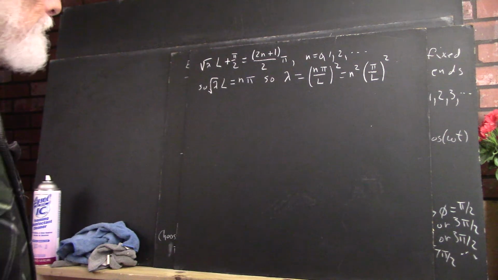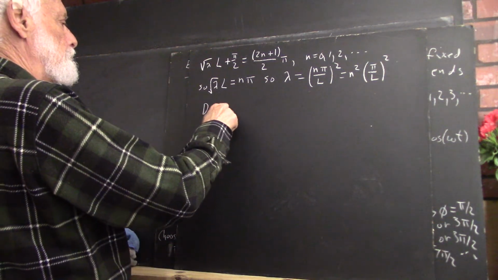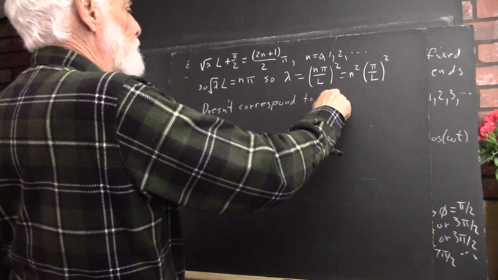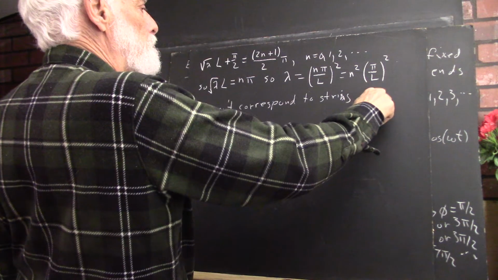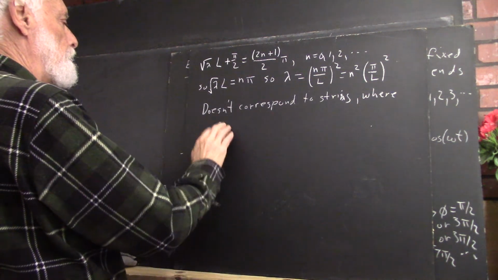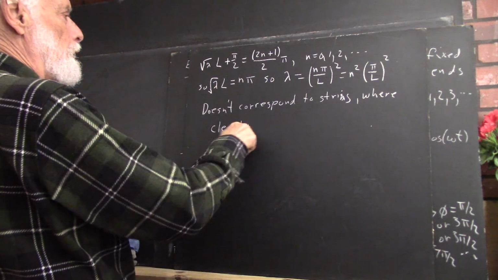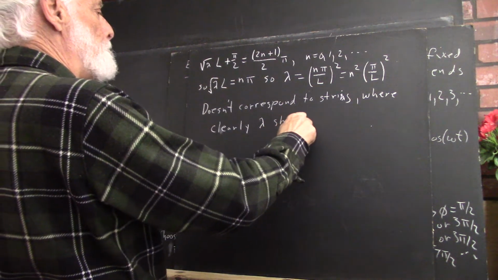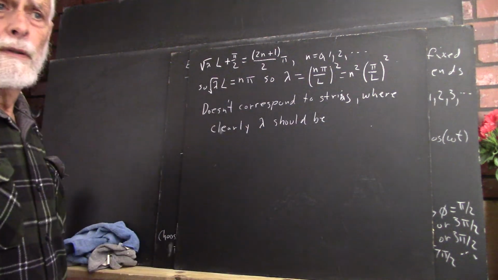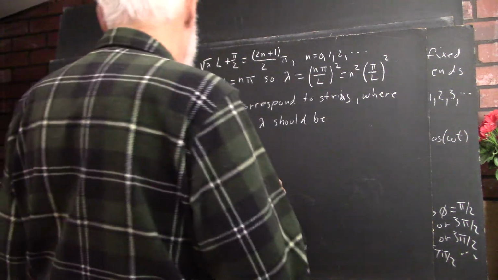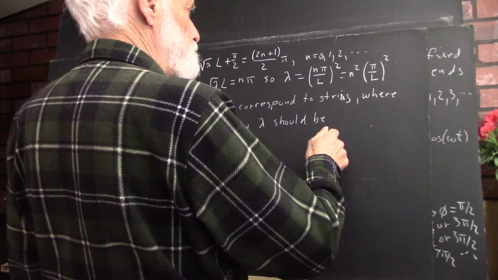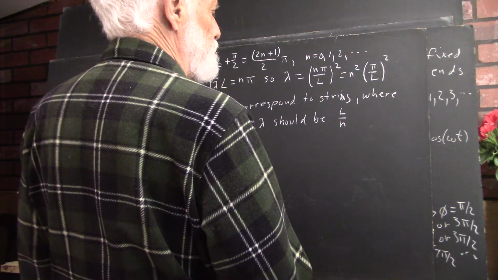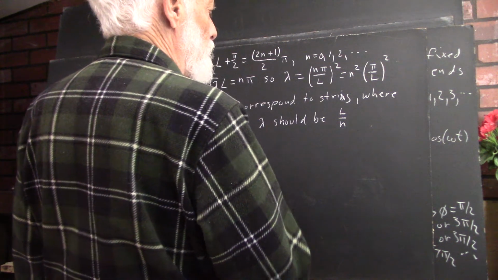Okay, this doesn't correspond to the string, where clearly lambda, which is going to actually be the possible wavelength in that string, should be L over n, if lambda really is the wavelength.